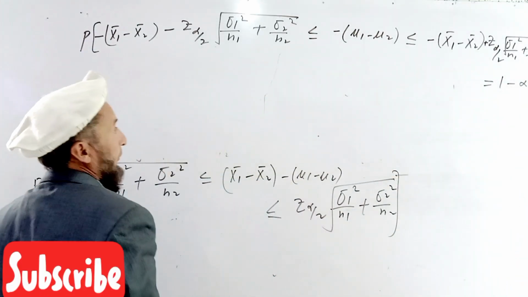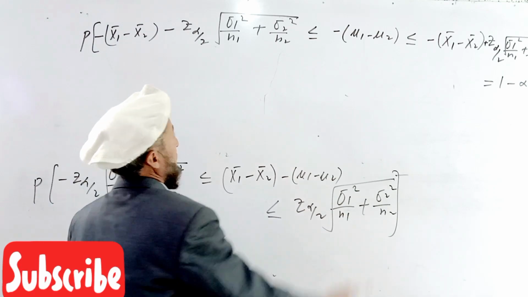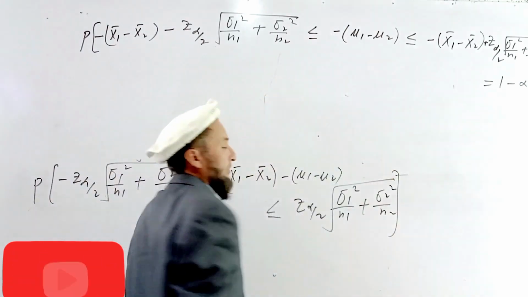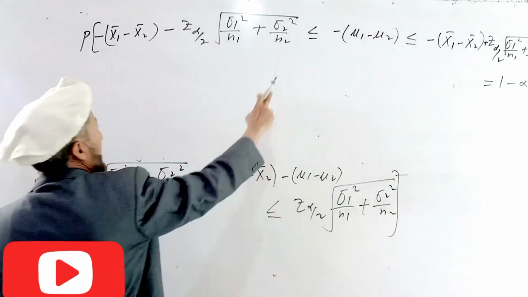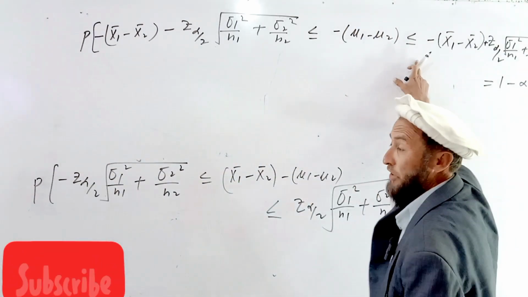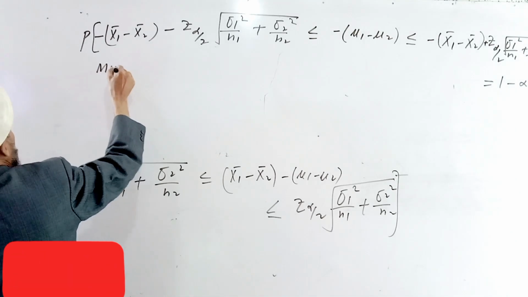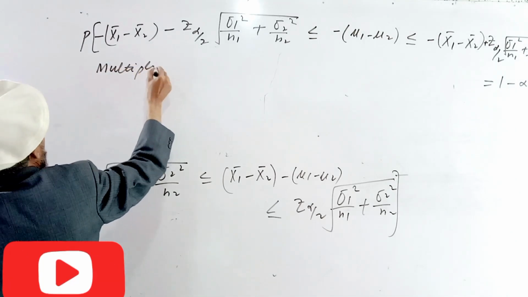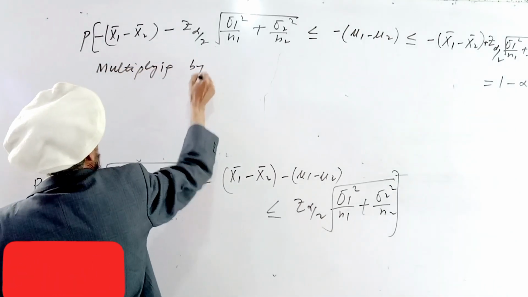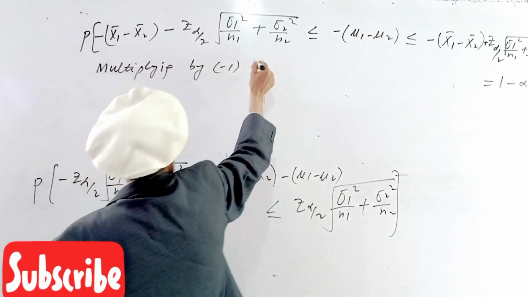Now multiplying both sides by minus 1 within the brackets, the sign of inequality is also changed.